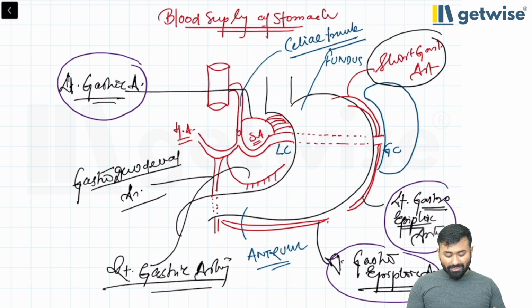The arteries that supply the lesser curvature only supply the stomach, so they are called gastric arteries. The arteries that supply the greater curvature lie between the stomach and the omentum, so they are called gastroepiploic arteries.